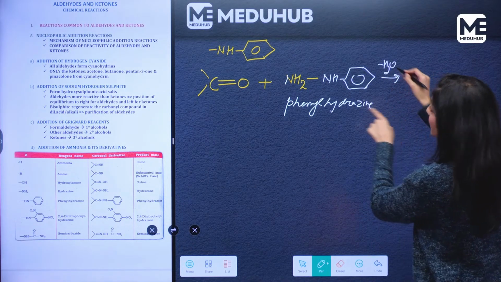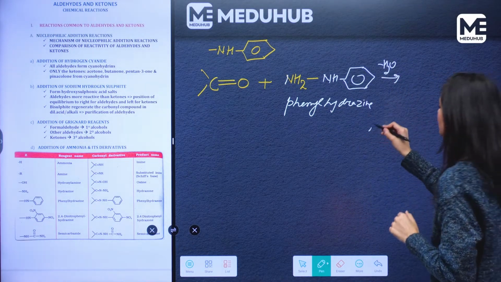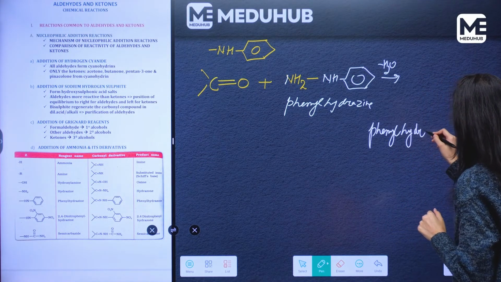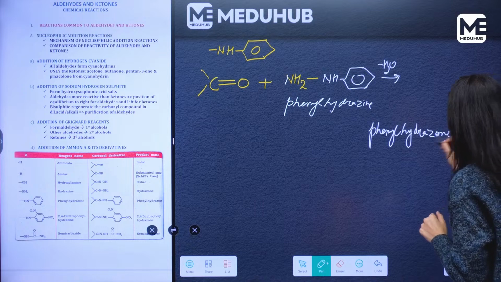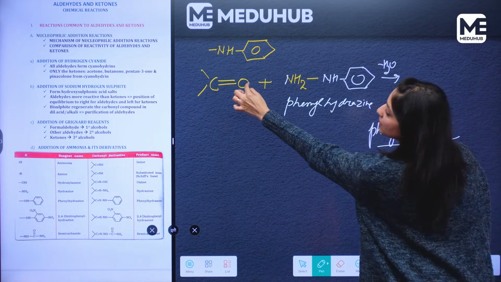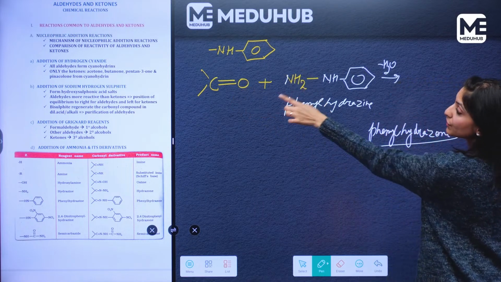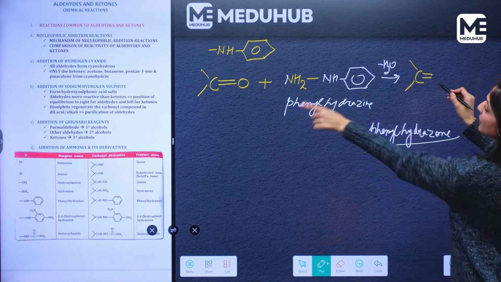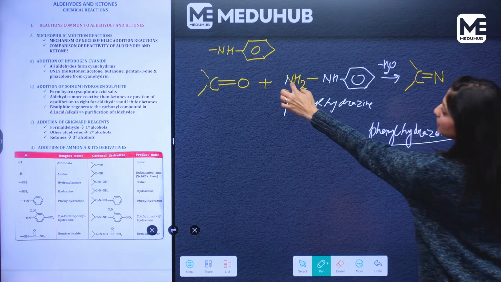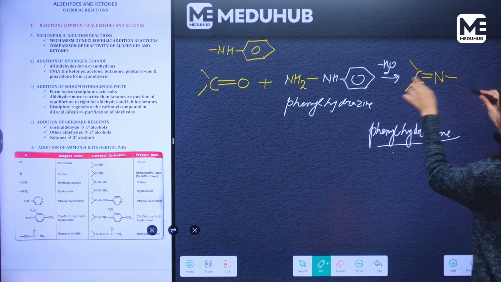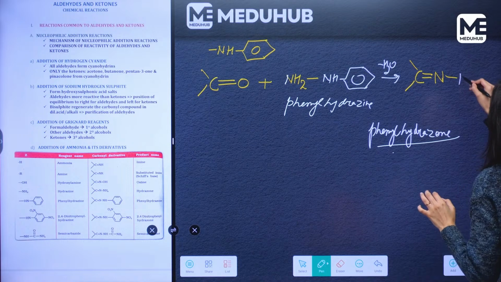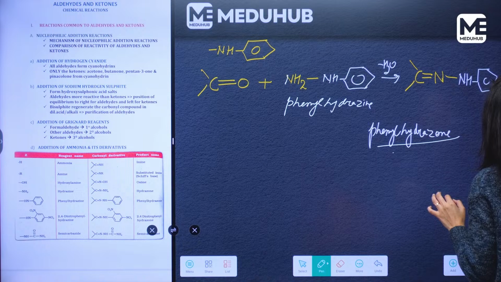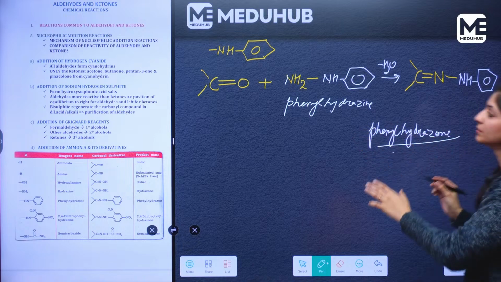Upon losing water, it forms phenylhydrazone. So, this oxygen again and these two hydrogens will go. This carbon will be doubly bonded to the nitrogen. And this group will come as it is. This is a phenylhydrazone.